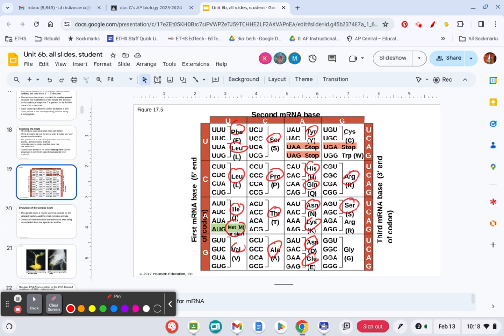But you can see that most of them have more than 1 code, right? So, for example, proline could be CCU, it could be CCC, it could be CCA, it could be CCG. So it can be 4 different codes, right? Are you confused? No? Okay. Just checking.